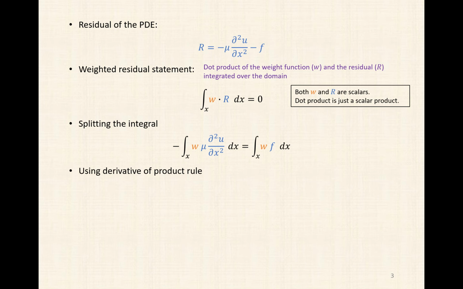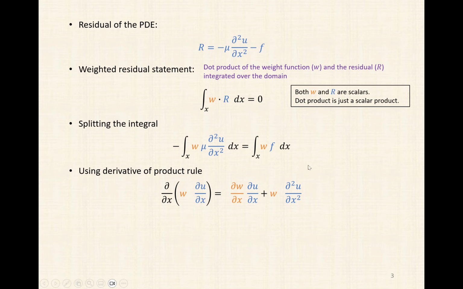What is the derivative of product rule? We have two functions, w and ∂u/∂x. This is the product of w and ∂u/∂x, and its derivative is obtained by applying the derivative to each and then summing: ∂w/∂x times ∂u/∂x plus w multiplied by ∂²u/∂x².